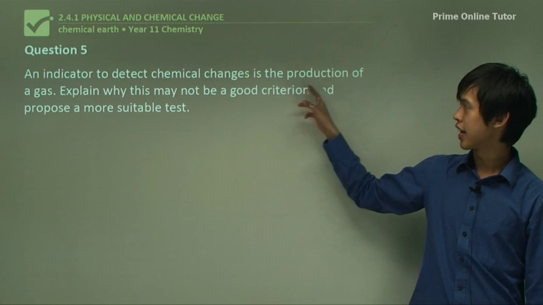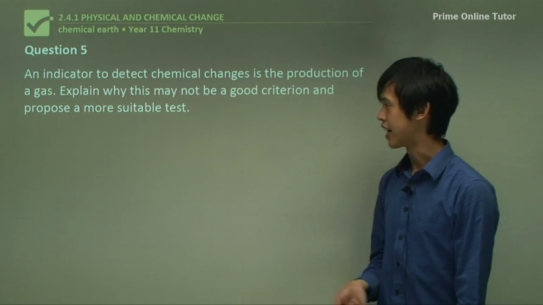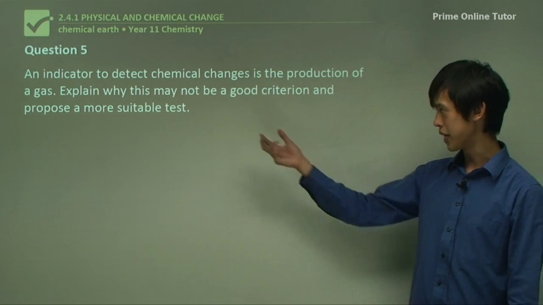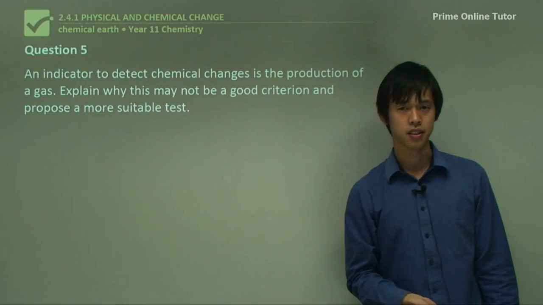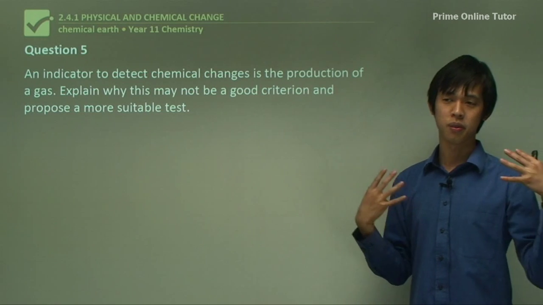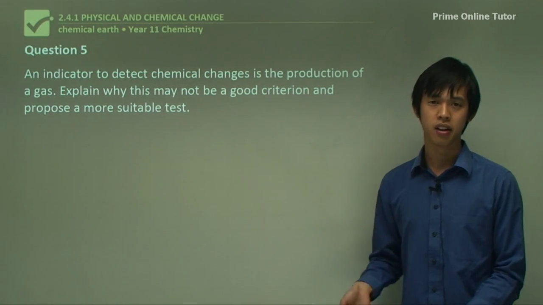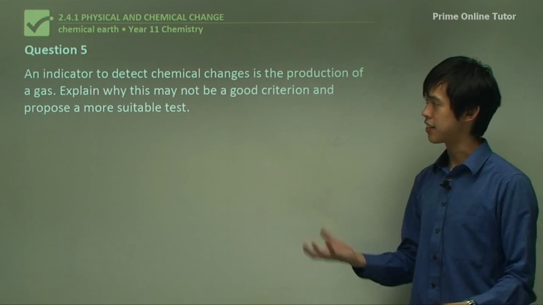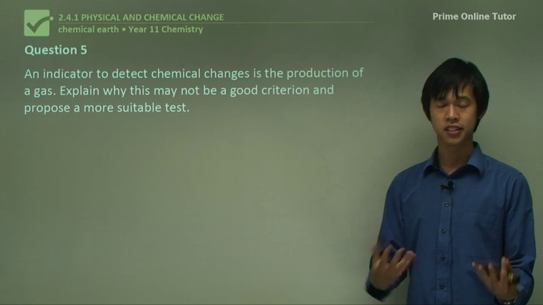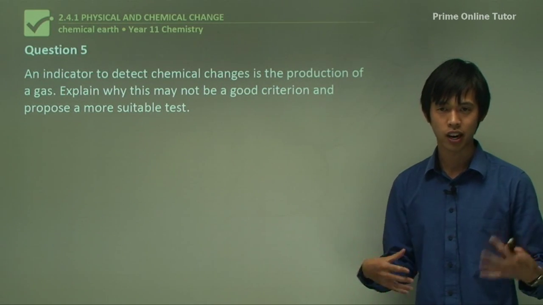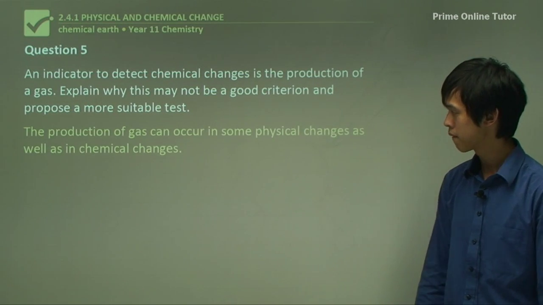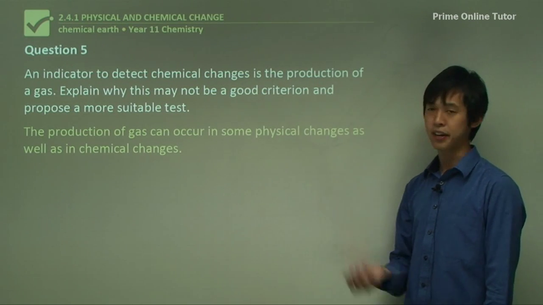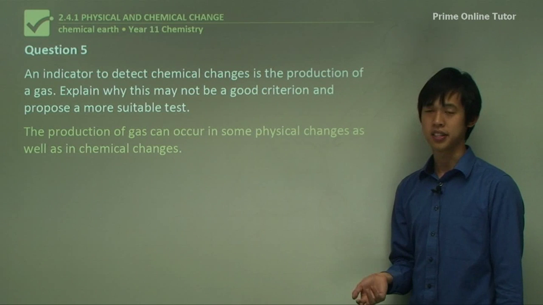So an indicator to detect chemical changes is the production of a gas. Explain why this may not be a good criterion and propose a more suitable test. Okay, so now we're going to talk about this gas thing that I've been going on and on about in this whole lesson. So why is it not a good criterion to use when we're trying to figure out if it's a chemical or physical change? The production of a gas can occur in some physical changes as well as in chemical changes.